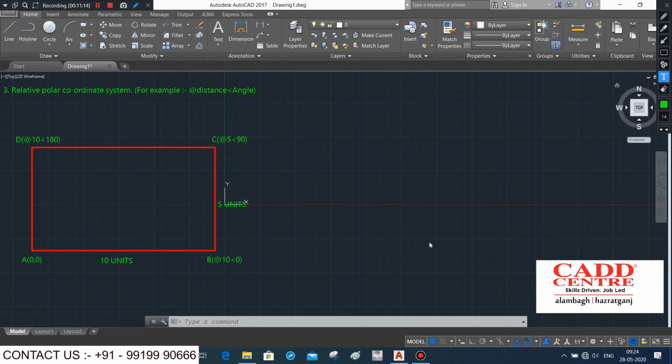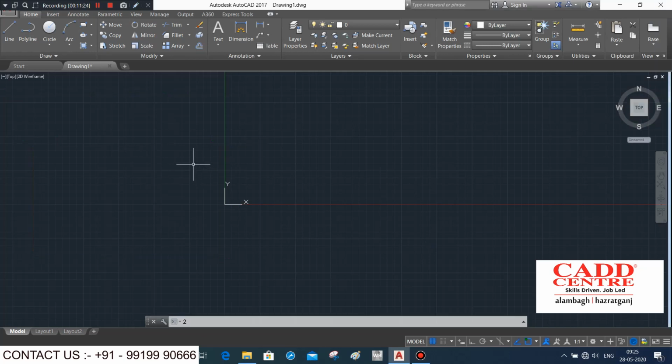We will see now how we can draw this rectangle by using this method in AutoCAD. First, we will activate the line command. Then we will specify the first point of the rectangle or the first corner point of the rectangle, that is 0, 0, enter. Then we will provide the points for B, that is @10<0, enter.